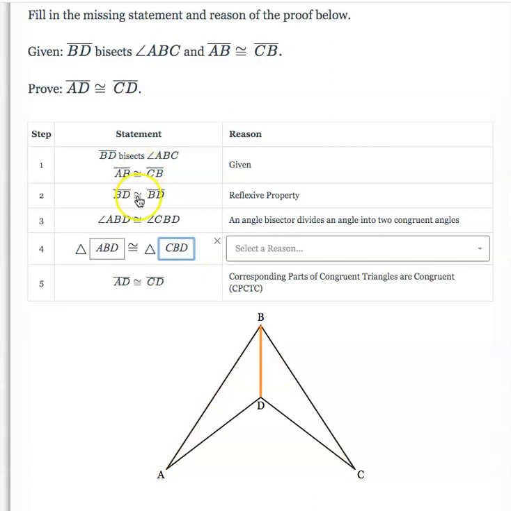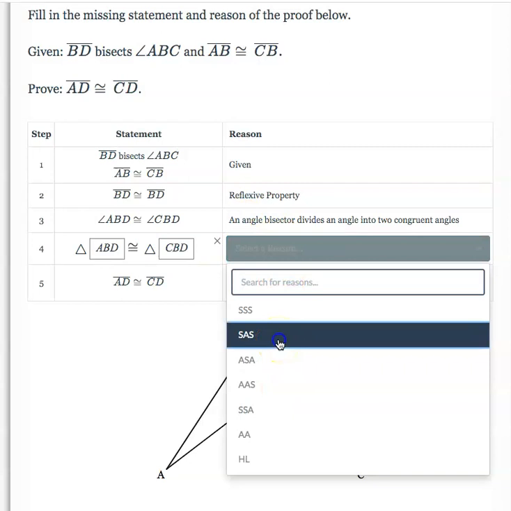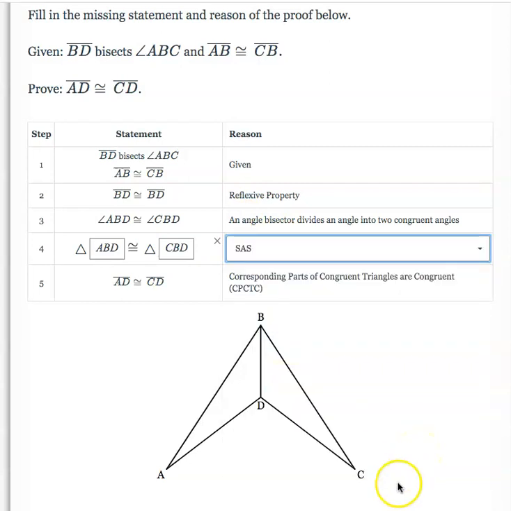So we have two sides and an angle. In order for those to be congruent, it has to be the included angle, and you can quickly see that it is between the two congruent sides. Therefore, we're going to choose side, angle, side, and we are finished.